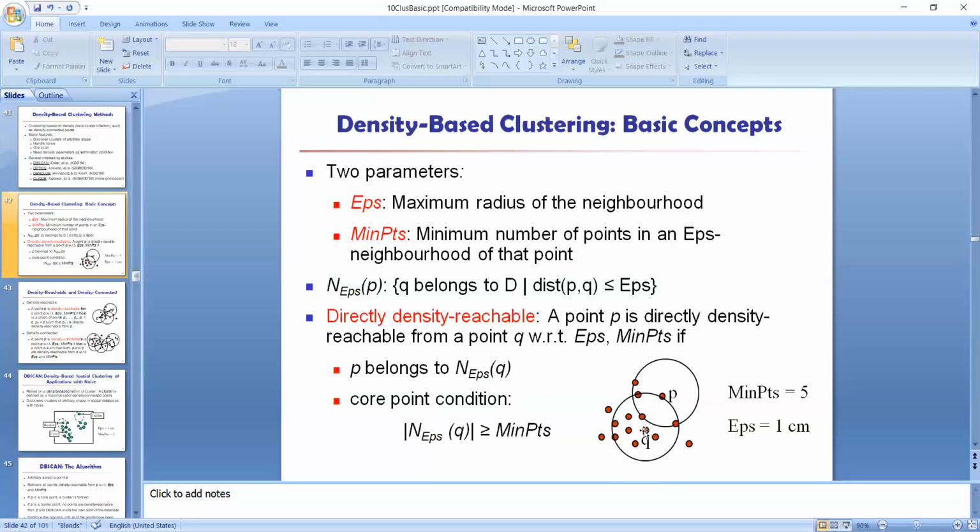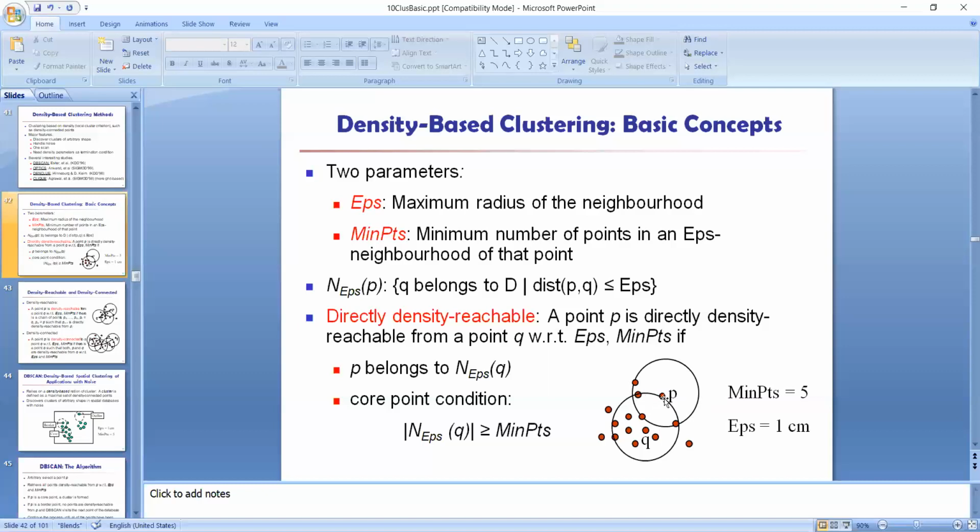Q is the reverse case: whether Q is directly density reachable from P. To do that, the first condition is that P must be a core point. So we need to check whether P is a core point. Within that given epsilon radius, P must have the minimum number of points. It is not satisfying.